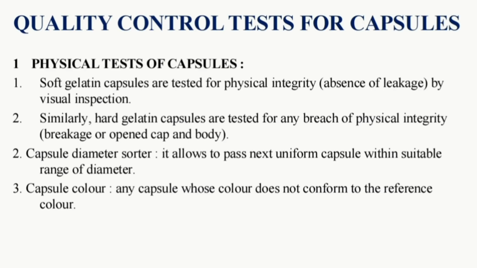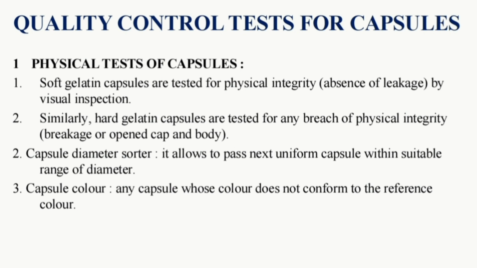Quality control tests for the capsules. First one is the physical test of capsules. The soft gelatin capsules are tested for physical integrity, whether there is any leakage or not, by visual inspection only. Similarly, the hard gelatin capsules will be tested for breach of the physical integrity, that is breakage or open cap and body.